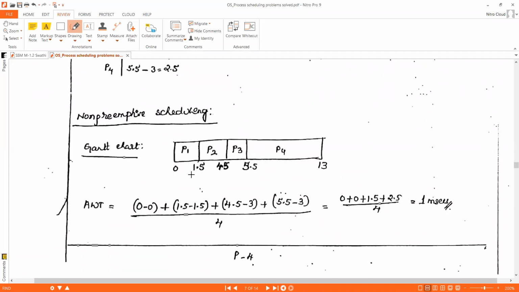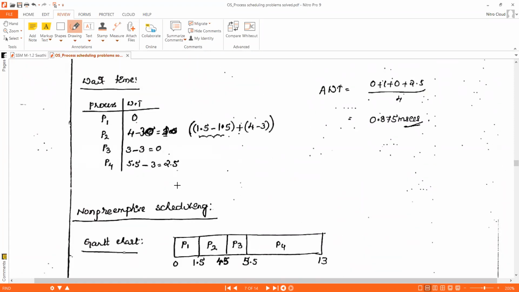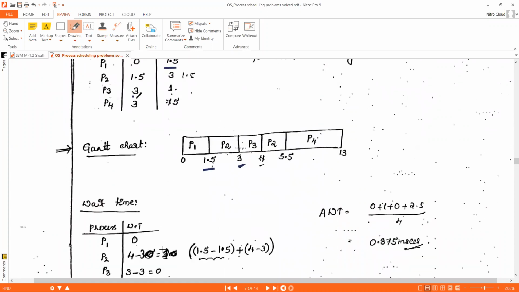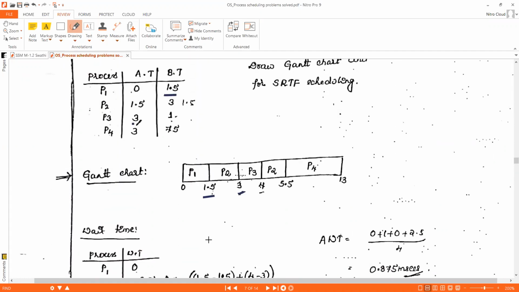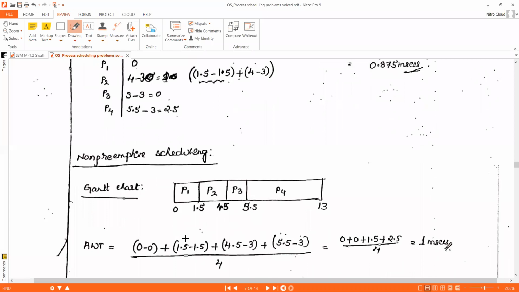Now we find the waiting time. Process 1's allotted time is 0 minus its arrival time of 0, so 0 is process 1's waiting time. Next, process 2's allotted time is 1.5 minus its arrival time of 1.5, which is 0, the waiting time for process 2.